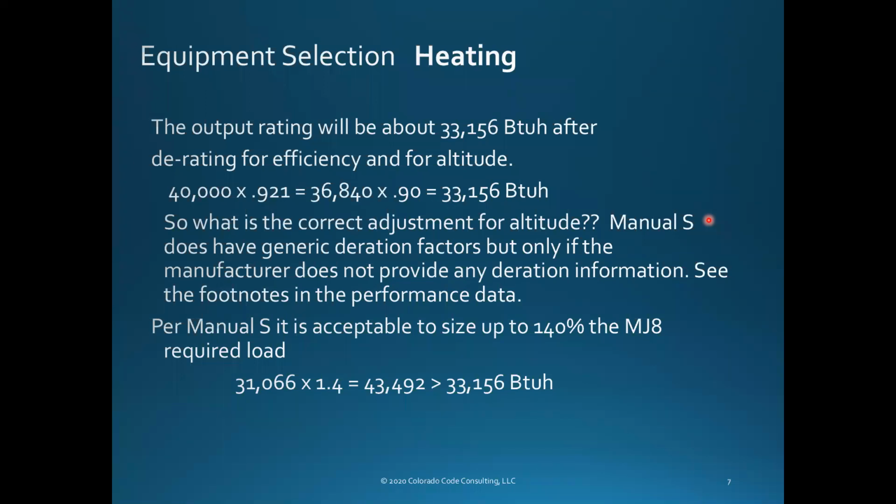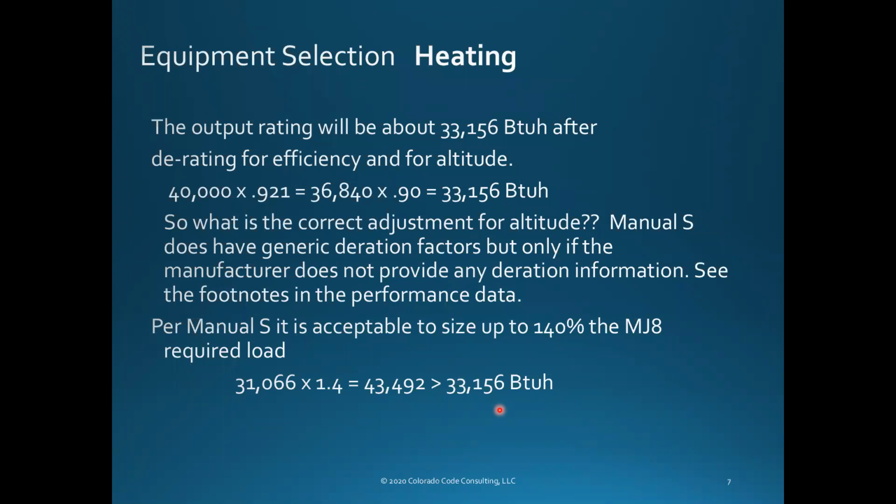In fact, I haven't found any gas-fired appliance manufacturer that doesn't tell you what the derating is for altitude. Every single one of them will. Then when we look at this, per Manual S, we can actually be 40% larger.